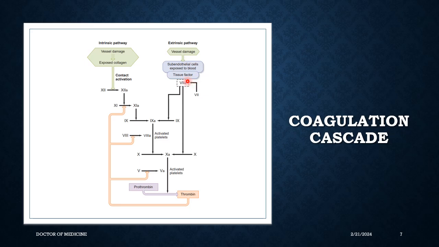So your 7A goes down, catalyzes the conversion of factor 10 into factor 10A, which then activates prothrombin. Okay, so this is just an introduction to the two pathways. So let's look at a detailed outline of the two pathways, including the major plasma proteins that are required for the different reactions to take place.